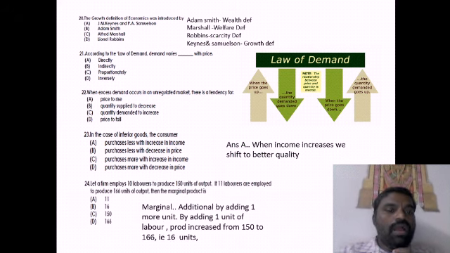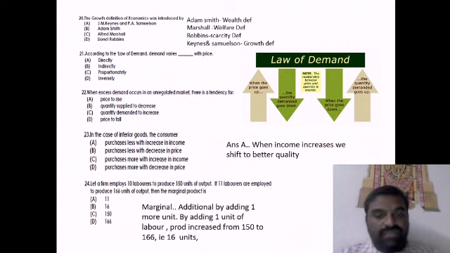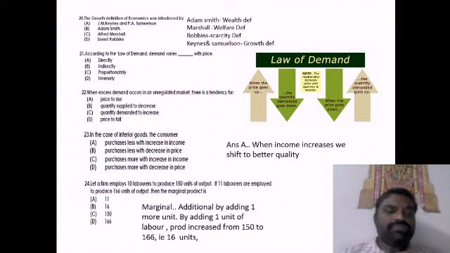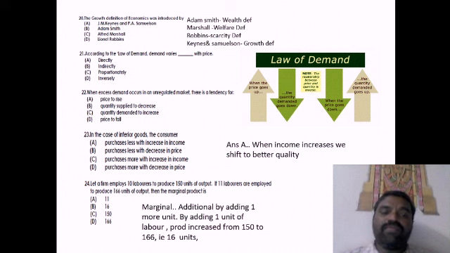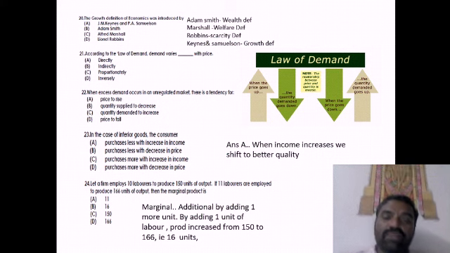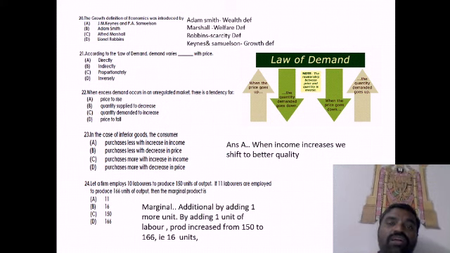Next, when excess demand occurs in an unregulated market, there is a tendency for, see here, we have to see the law of demand. When there is excess demand, what happens? Automatically the people start raising the price.